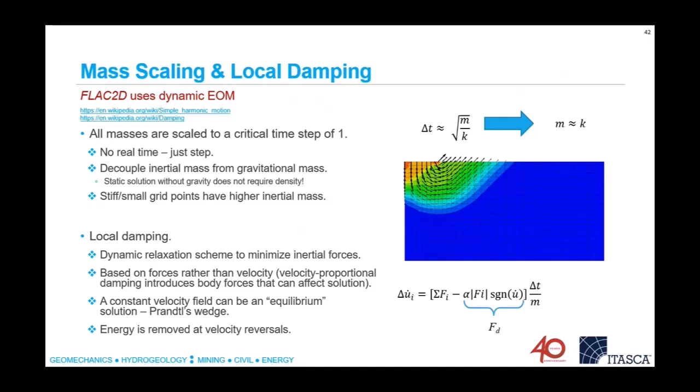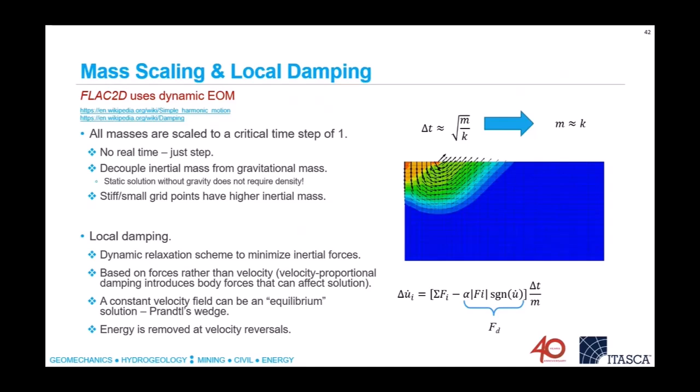So we can actually change it in a way. This is not damping, this is time. This is called time step. So this is the characteristic time step for the model.